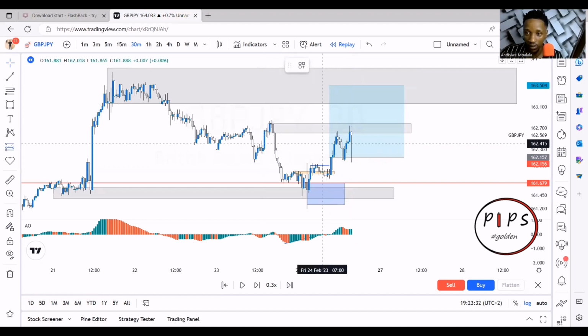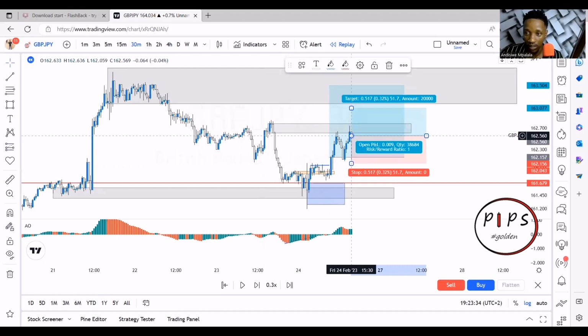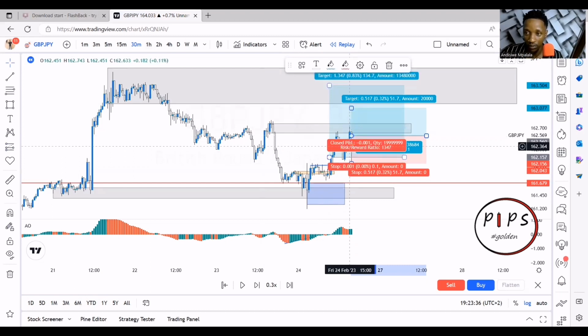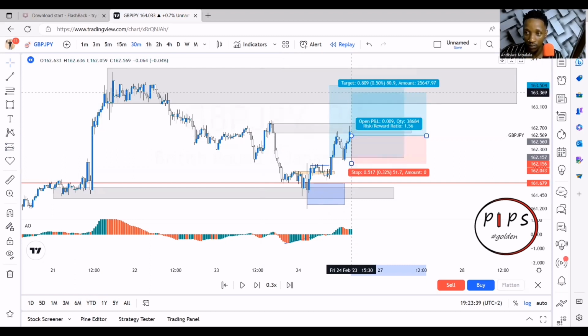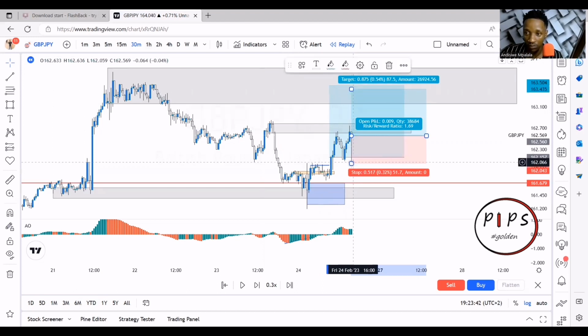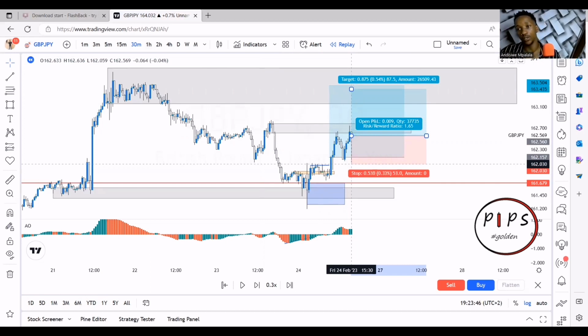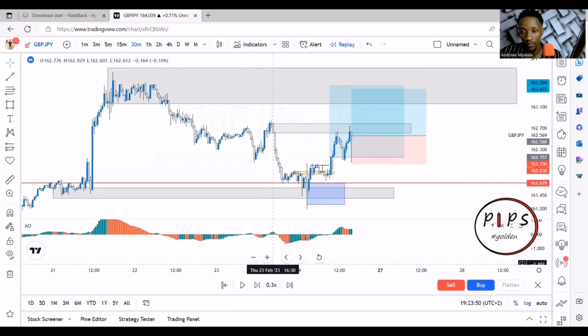Once this wick closed, I entered my position and I put my take profit right in the middle of that zone, and my stop loss was just below these lows over here. So let's see what happened.